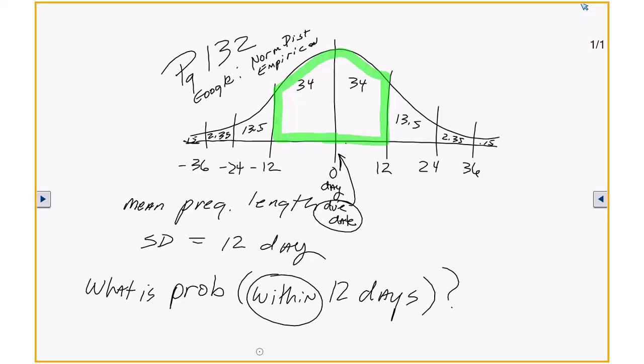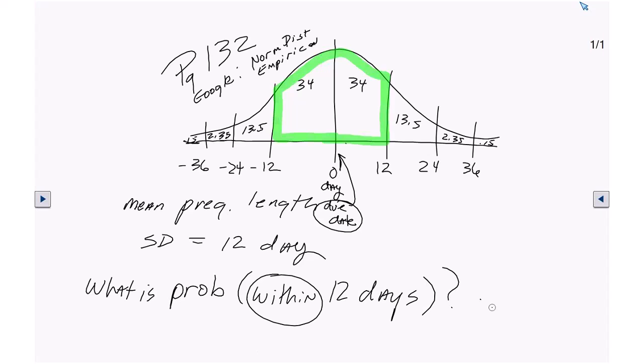Especially now with the ultrasounds and everything, they pretty much can tell you where the birthmark on the baby is, much less everything else, and they know when that baby needs to be born. Okay? So, your answer is 68%.